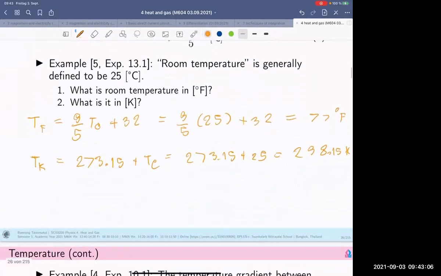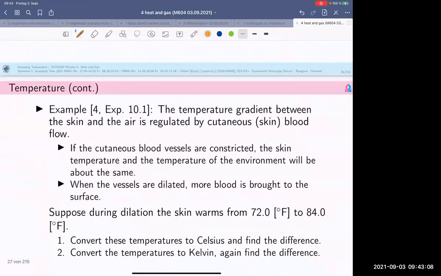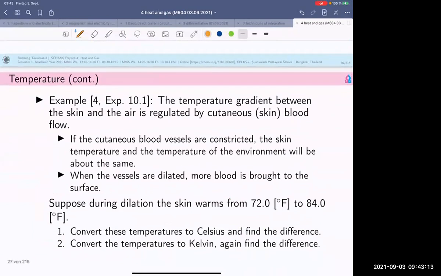Here, the temperature gradient between the skin and the air is regulated by cutaneous blood flow. Who knows this word?